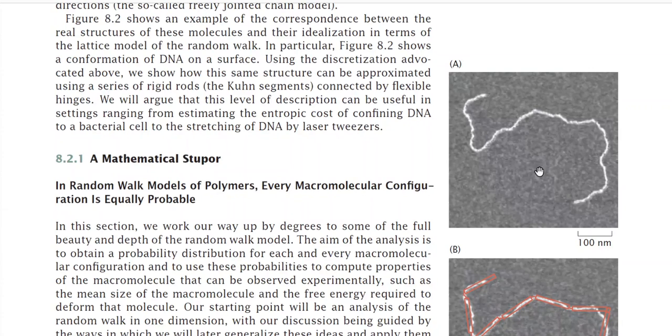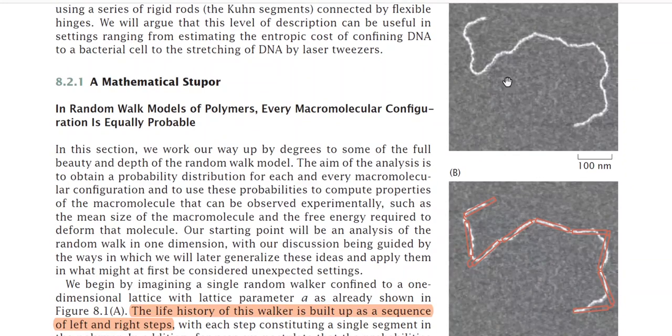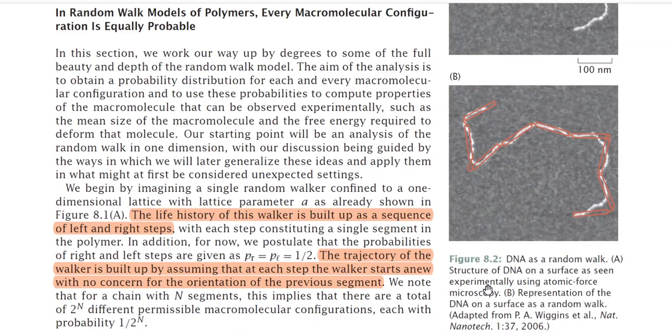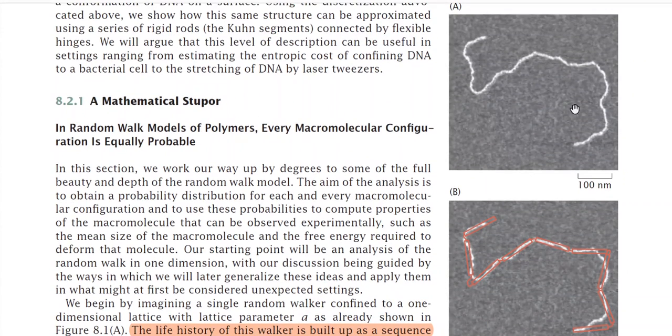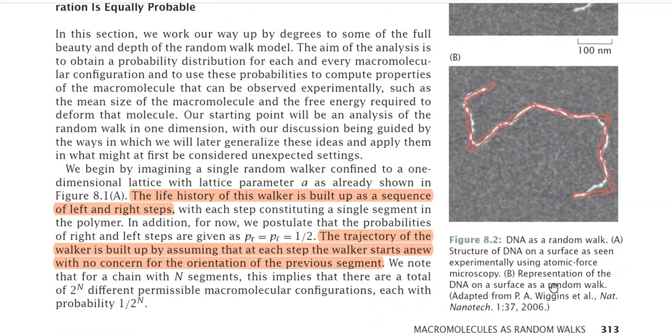In figure A, you see the conformation of the DNA, the structure of DNA on a surface as seen experimentally using atomic force microscopy. So, this is one of the figures of DNA viewed through atomic force microscopy. You see that the segments are distributed in this way, and figure B is the representation of the DNA on a surface as a random walk.